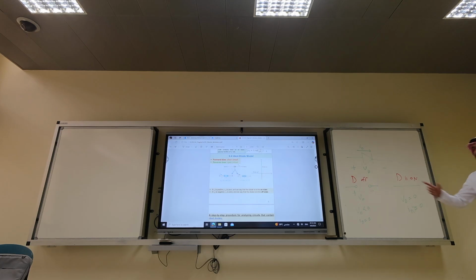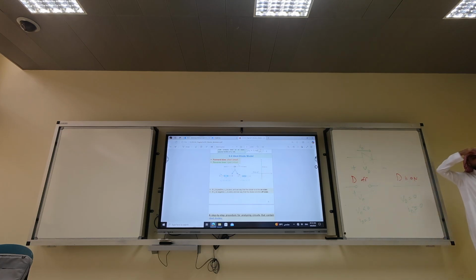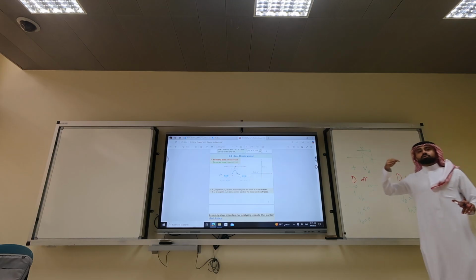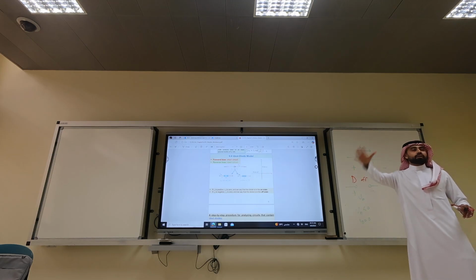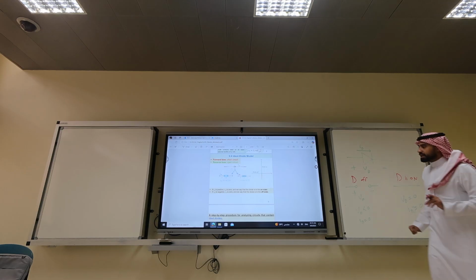So it's either on or off. In the future, the non-ideal diode model will be a battery and a resistor. But for now, let's pretend it's just a short circuit. In the exam, if he asks you for an ideal diode model, you have to treat it using a short circuit. If he doesn't specify, it means it's not an ideal diode model.